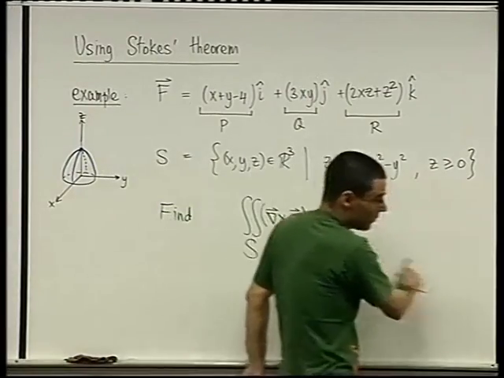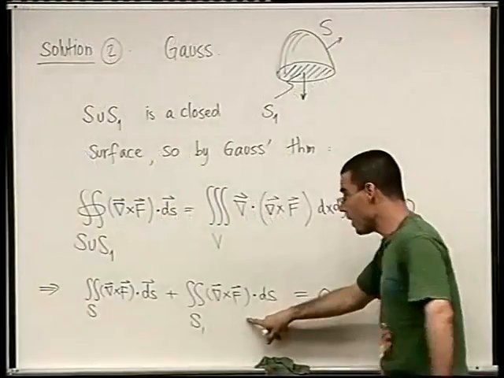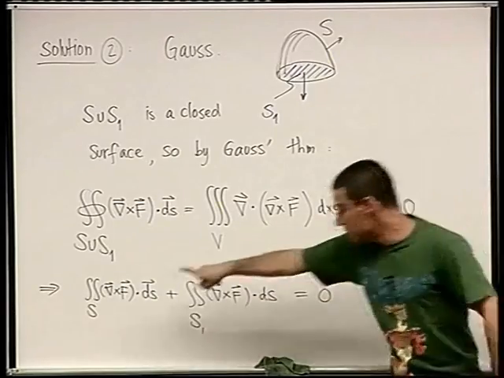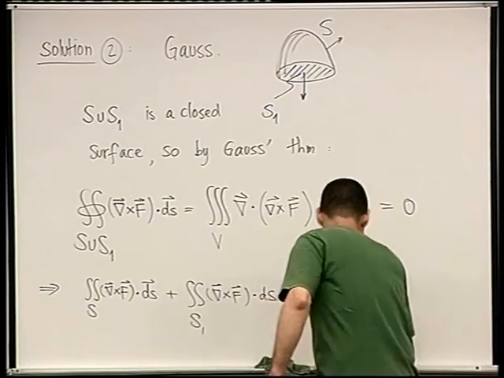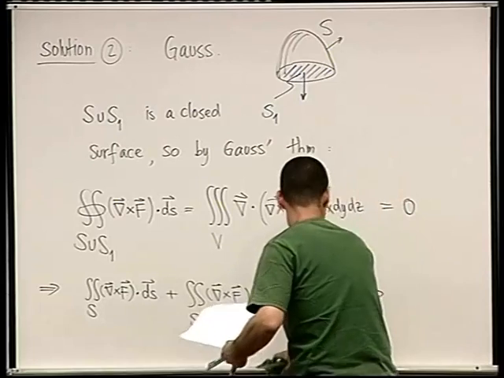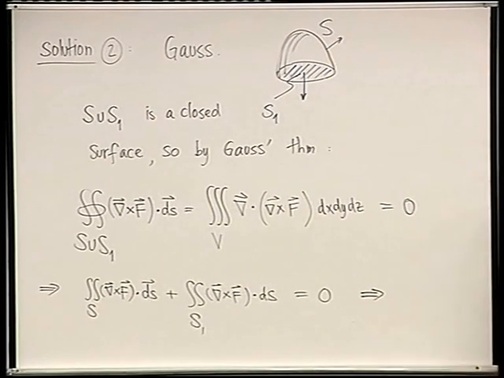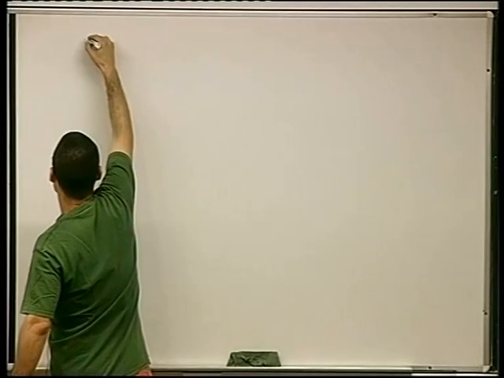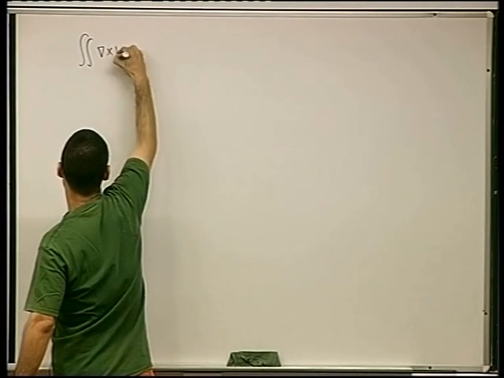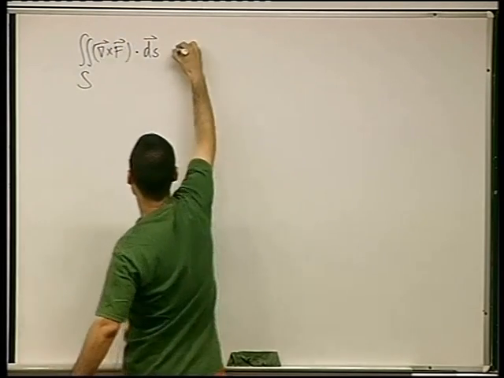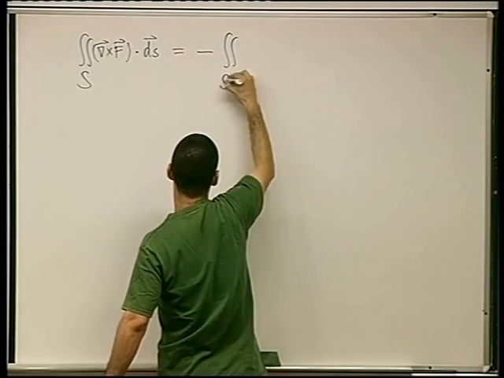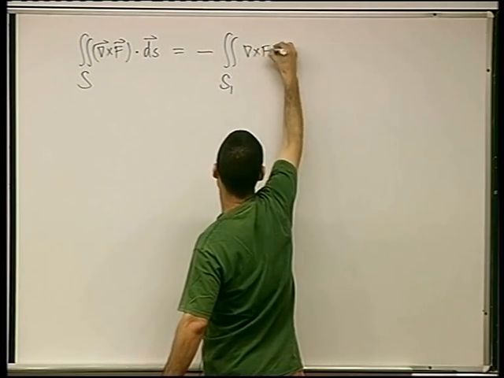What we found is that if we add this disk on the bottom, S1, the sum is 0. Therefore, this equals minus this. Good? So therefore, and I'm going to move on to the next board. Therefore, the integral we're interested in over S equals minus the integral over S1 of the rotor.